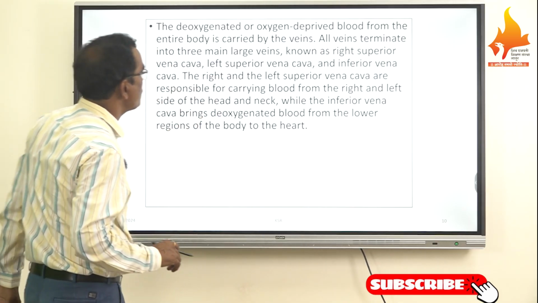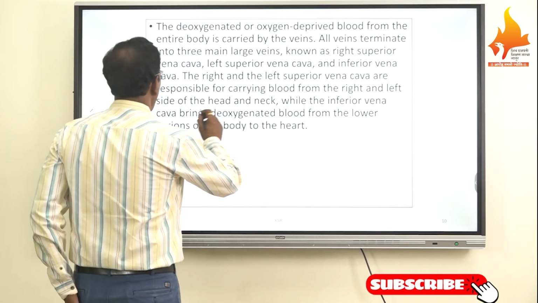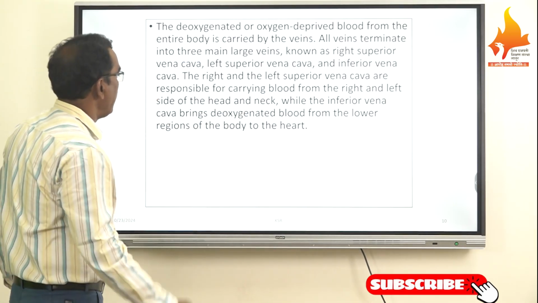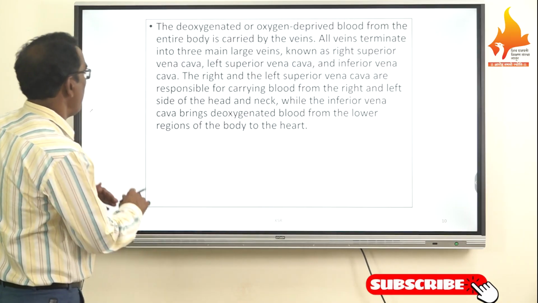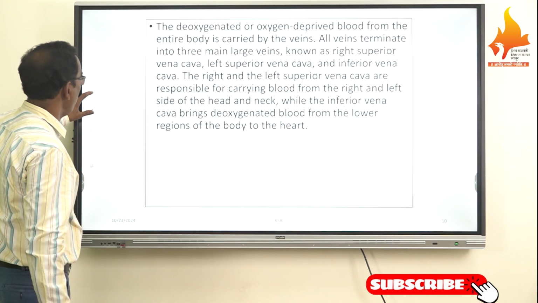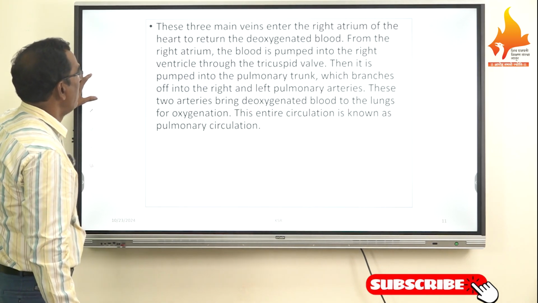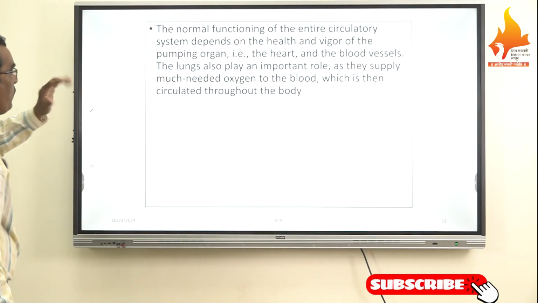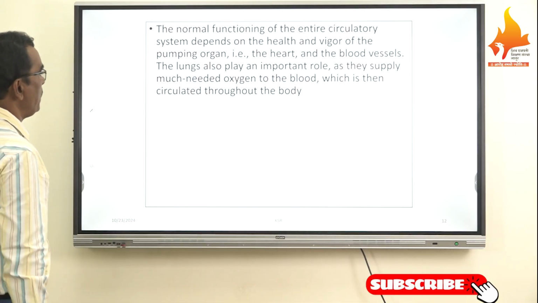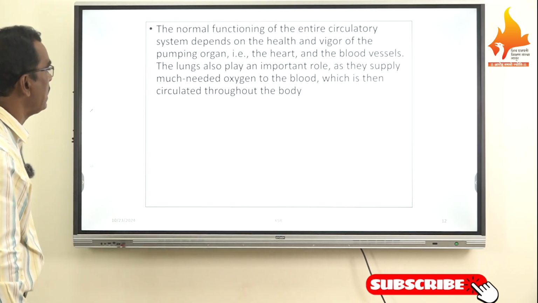The right and left superior vena cava are responsible for carrying blood from the right and left side of the head and neck, while the inferior vena cava brings the deoxygenated blood from the lower region of the body into the right auricle. Then the normal functioning of the entire circulatory system depends upon the health and vigor of the pumping organ, that is the heart, and blood vessels.